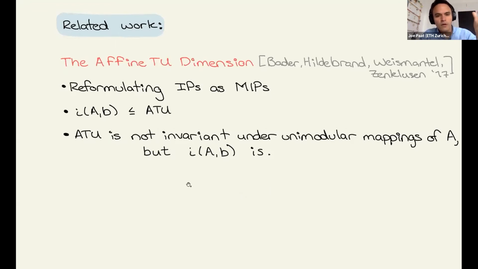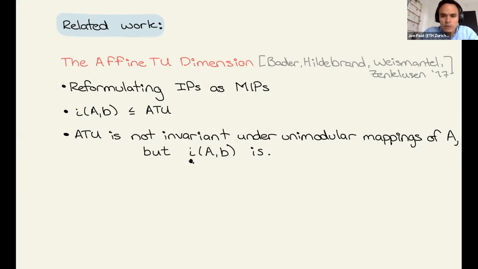If you're not familiar with it, you can think of it as another way of reformulating an IP as a MIP. What they showed in their paper is they collected a bunch of interesting examples and discussed some complexity results, but, at least to my knowledge, they don't provide a general framework for creating these MIP relaxations. One thing that we try to do in our paper is provide some sort of general construction to be used.